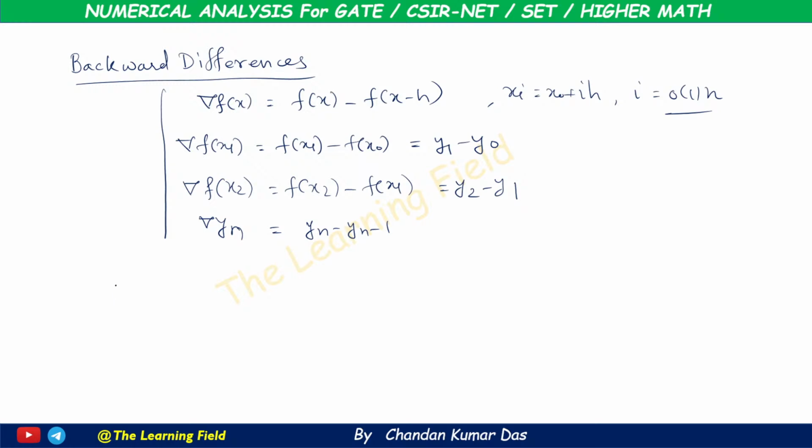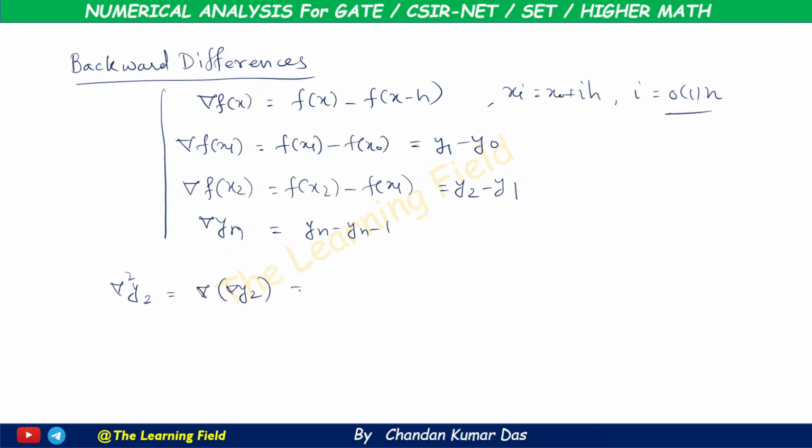Now the second order backward difference, delta square y. Suppose delta square y2, it starts with the first term 2, and is equal to delta of delta y2.